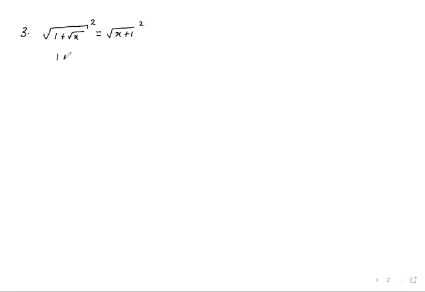So we have 1 plus the root of x is equal to x plus 1. So the ones will cancel, will remain with root x is equal to x. Square, square. So we have x is equal to x squared, giving us x squared minus x is equal to 0. Factor out x, remain with x minus 1.